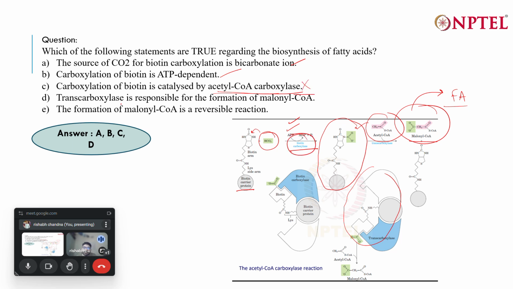Transcarboxylase enzyme is responsible for the formation of malonyl coenzyme A. Yes, this is correct. The formation of malonyl coenzyme A is a reversible reaction. No, this is false. So the correct options are A, B, and D. Not C. It's A, B, and D.